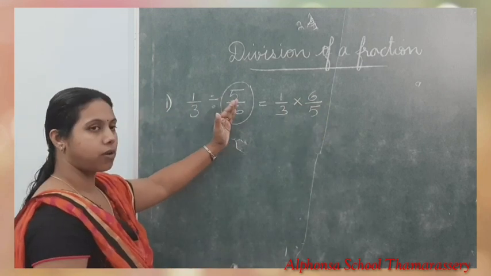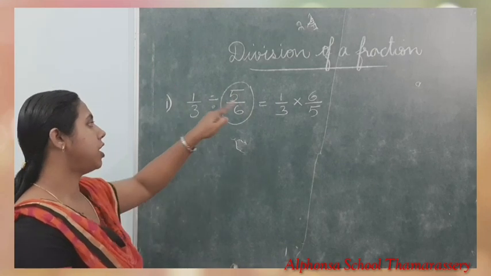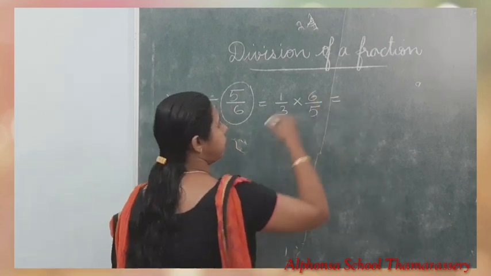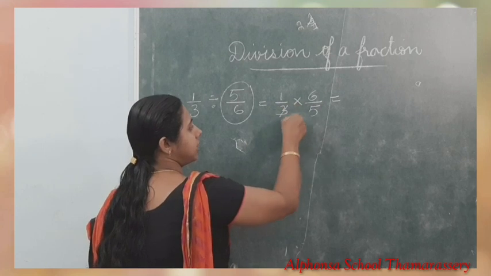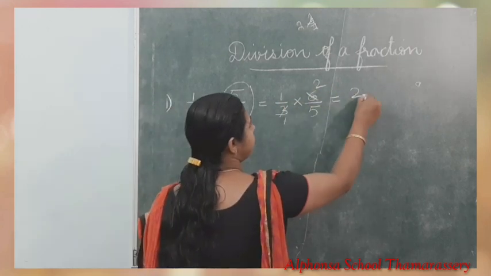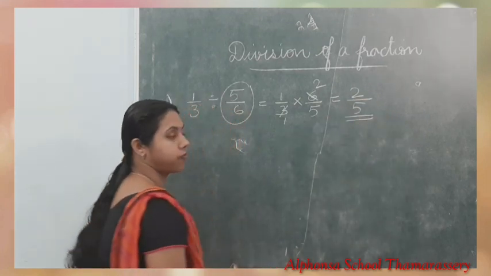Multiply the reciprocal of the second fraction with the first one. So 1 by 3 into 6 by 5, which is equal to, there will be a common factor 3. 1 3 is 3, 2 3s are 6. So 1 into 2, 2 divided by 1 into 5, 5. 2 by 5 is the lowest form.